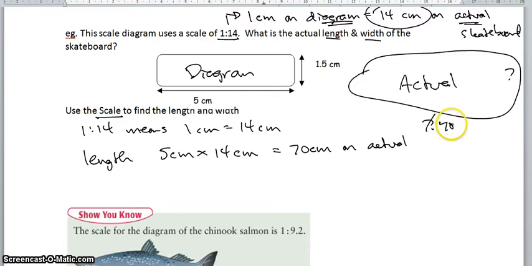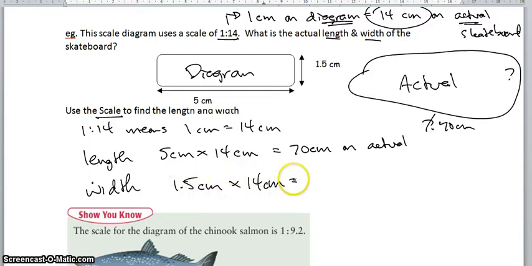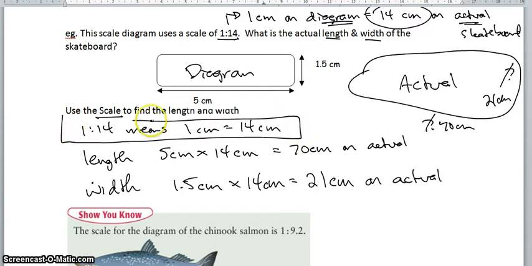And then the width would be 1.5 centimeters in our diagram times our 14 scale, where we're using it like a scale factor, equals 21 centimeters on actual. So that's one way to use this, just to treat it like a scale factor and a multiplier.